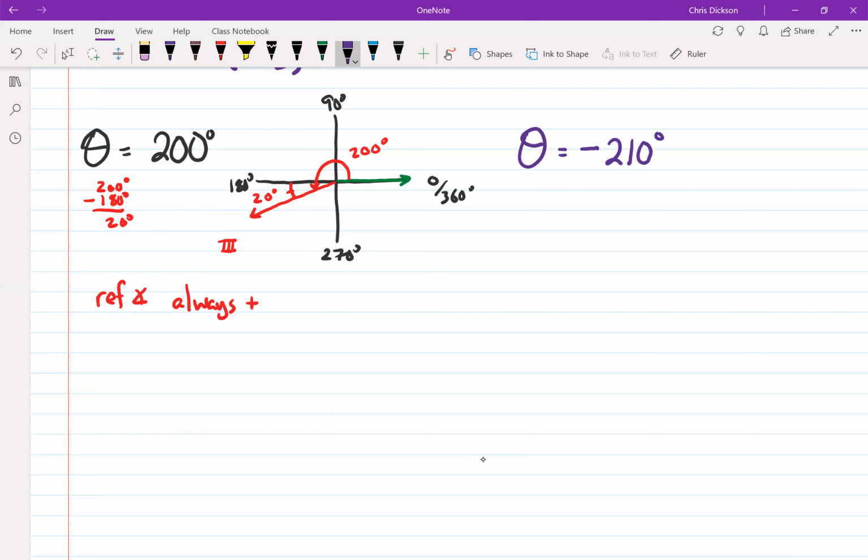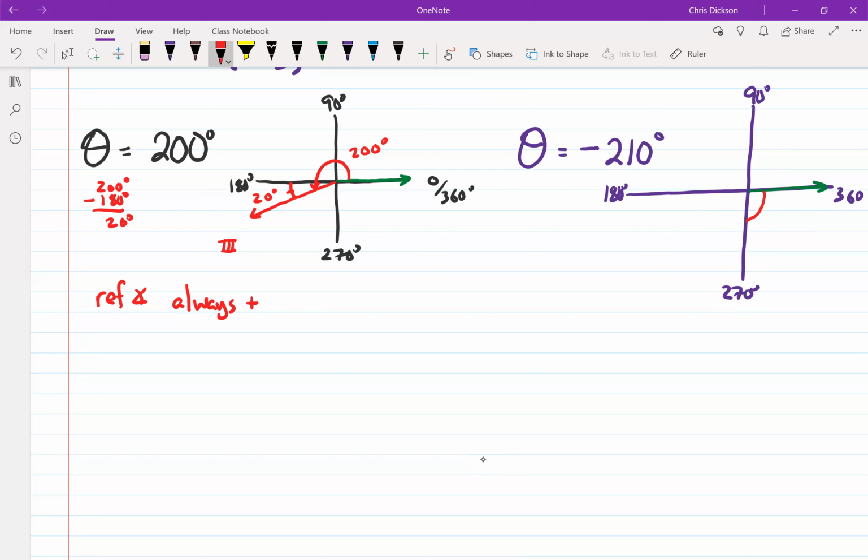Okay, so if we were to sketch that, we have to now realize that the angle is rotating clockwise now because it's a negative angle. I always thought that was kind of strange when I learned that positive angles rotate counterclockwise, but negative angles rotate clockwise. So if we were to start at our 0 point along here, we would have to start to rotate this way.